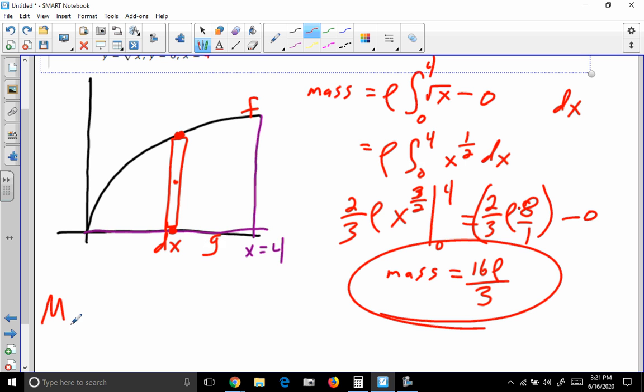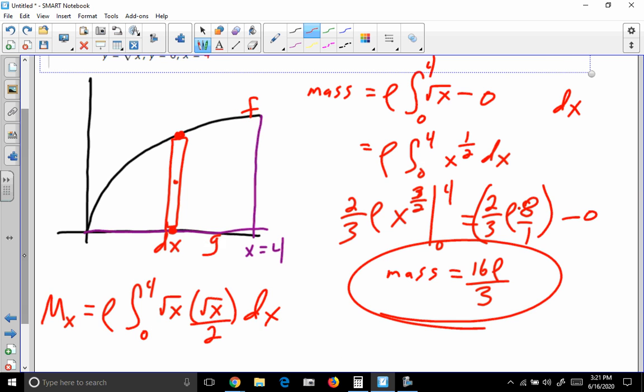All right, now let's get the moment from the x-axis. So that's rho times the integral from 0 to 4 of f minus g, so square root of x minus 0, times f plus g, square root of x plus 0, over 2 dx.